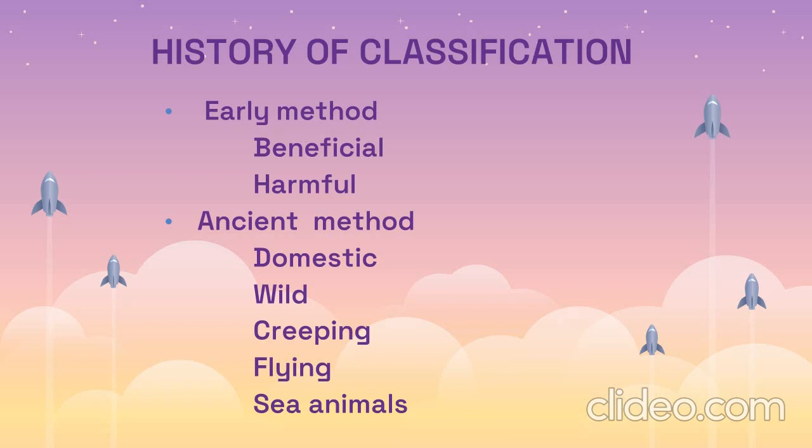The organisms living in a forest area, they called wild animals. Creeping animals, of course we know, flying animals, right? And sea animals. So likewise, as per the habitat where they live, they classified the organisms into five. It is one of the ancient methods, right? And let us go on to the other methods, how they classified.